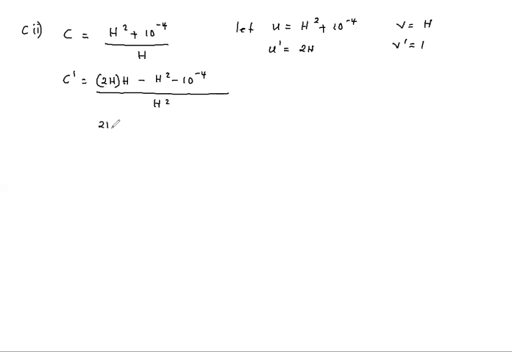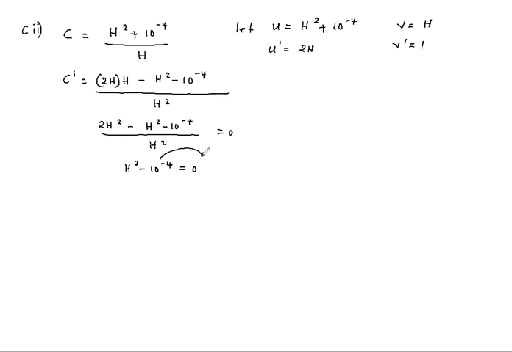Then we equate this to 0. So we have 2H squared minus H squared minus 10 to the power negative 4, over H squared, is equal to 0. Cross multiply, the H goes. Then you have 2H squared minus H squared, which is H squared minus 10 to the power negative 4 is equal to 0.